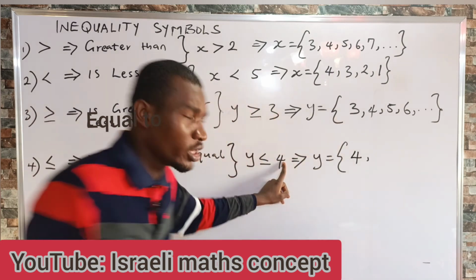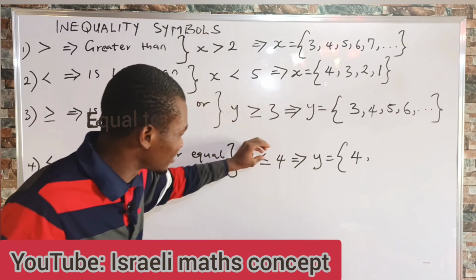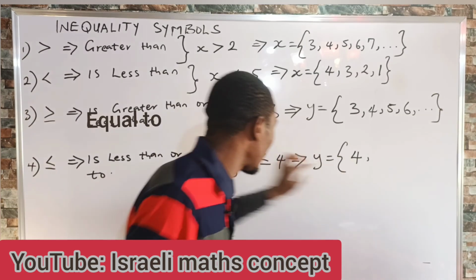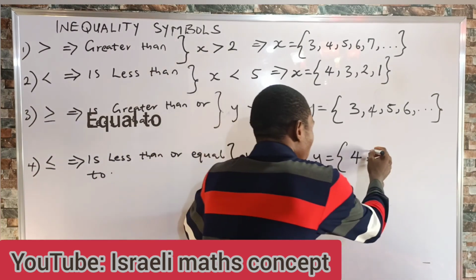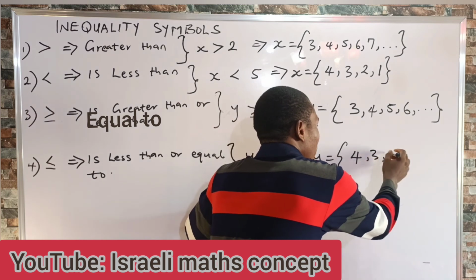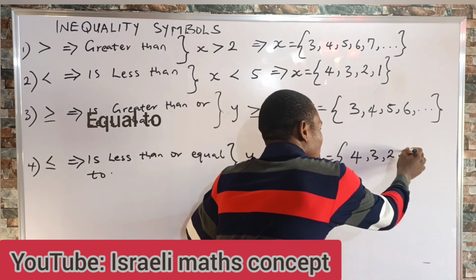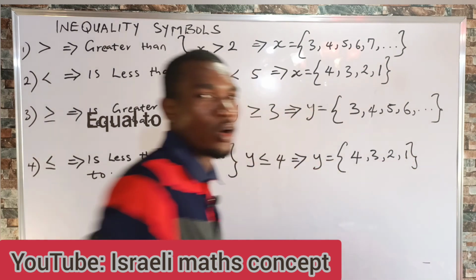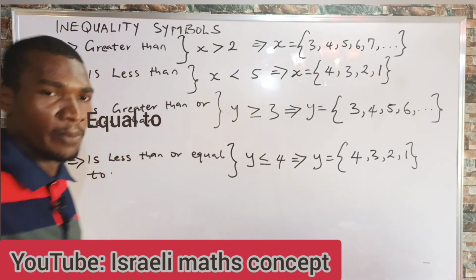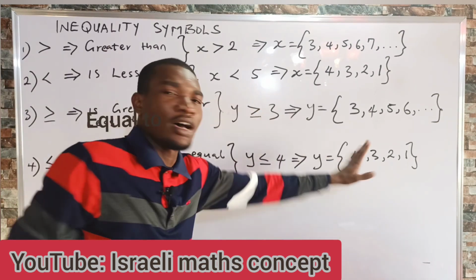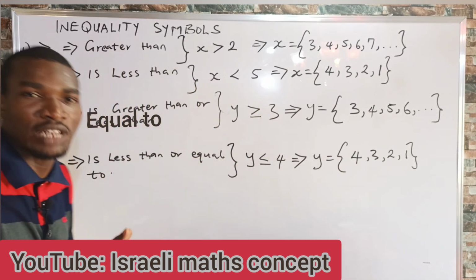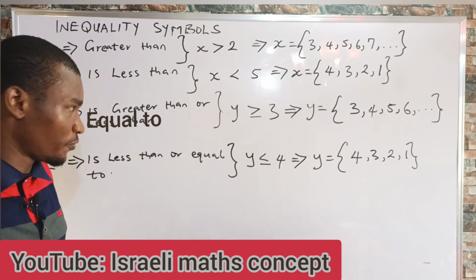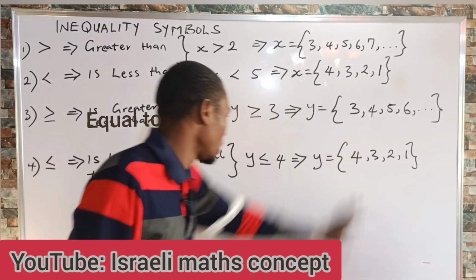And after 4, it will take a range that is less than 4 because we have less than. So the range less than 4 will now be 3. Another one less than will be 2. Another one less than will be 1. Then we end the numbers here. If you are considering natural numbers, numbers below this are no more natural numbers. We are considering natural counting numbers from 1 to infinity. We have to stop here.